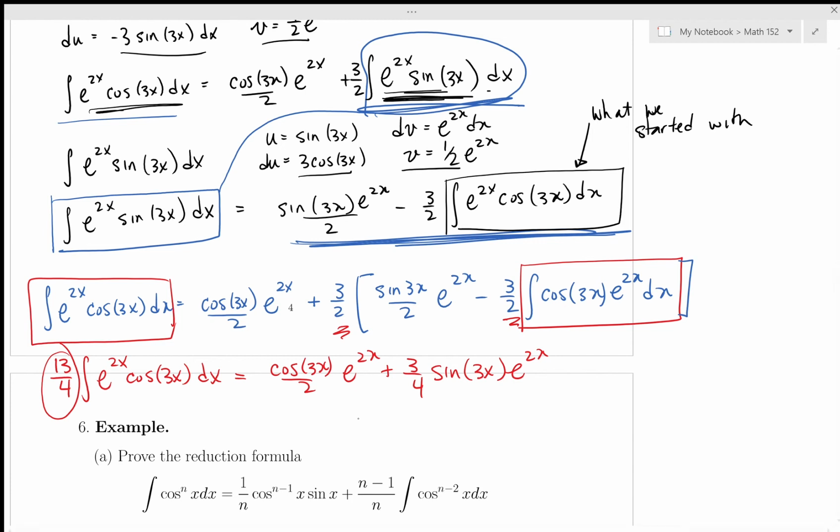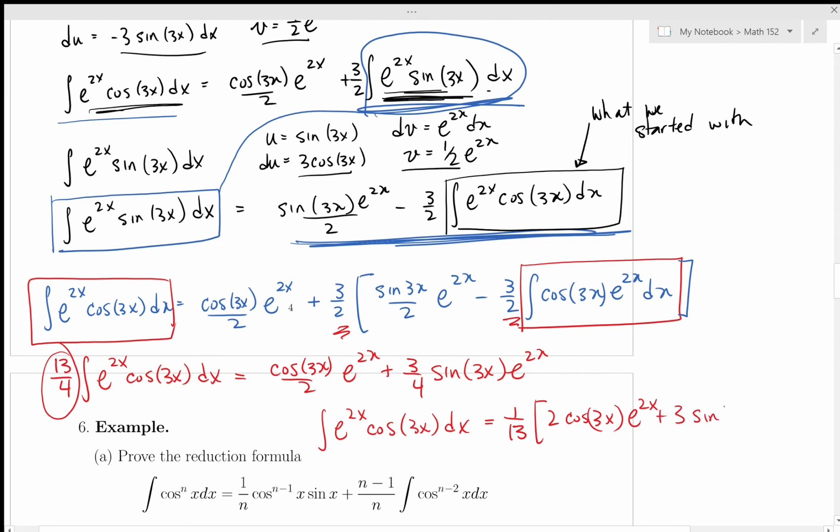So I get my original integral, the thing I've been trying to find all along, e to the 2x cosine 3x dx, is equal to, and I multiply by 4 over 13, and I get 1/13 times 2 cosine 3x e to the 2x plus 3 sine 3x e to the 2x plus some constant.